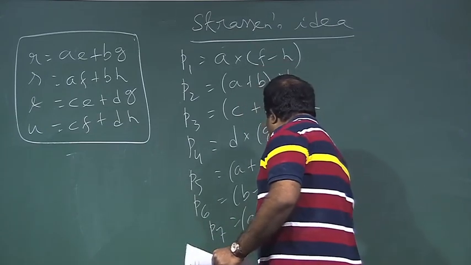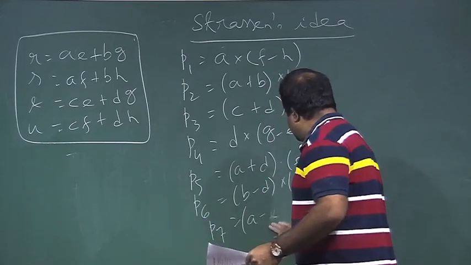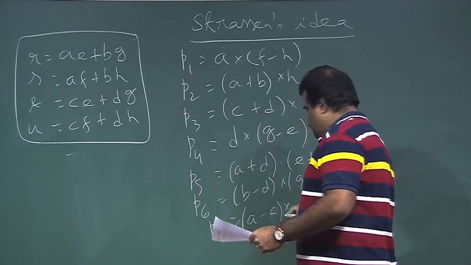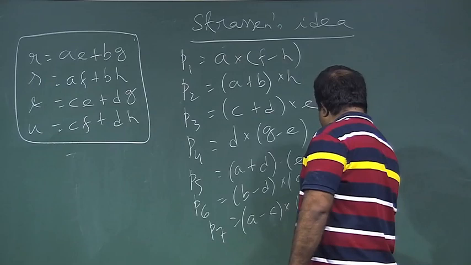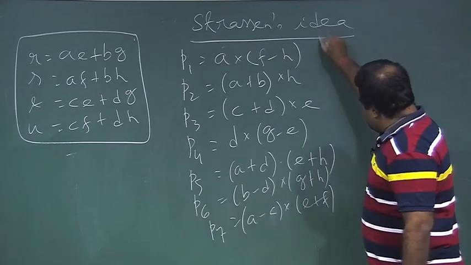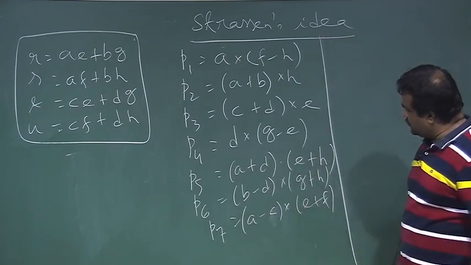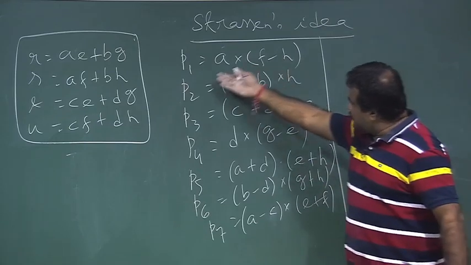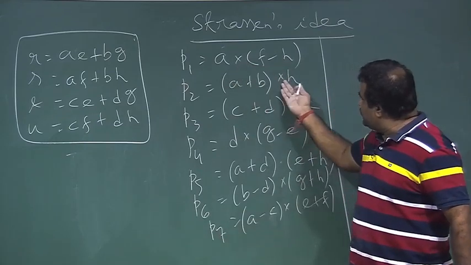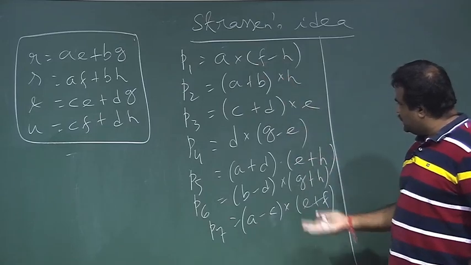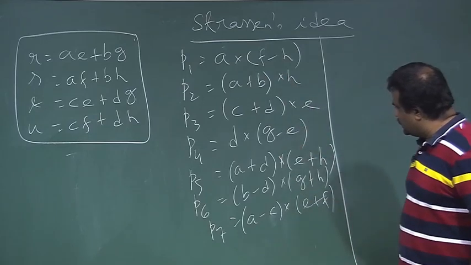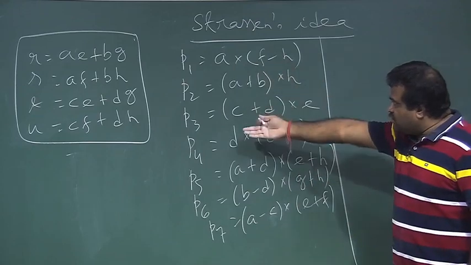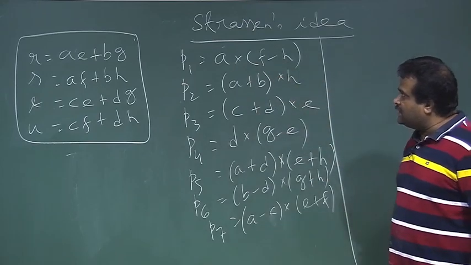P7 is A minus C into E plus F. These are the intermediate terms Strassen is calculating. So, there are basically 7 terms, which means 7 multiplications of lesser size. Once we get these values, how to get R S T U?